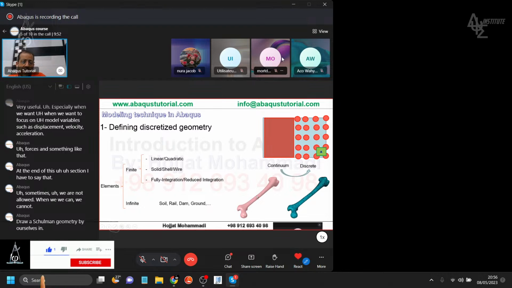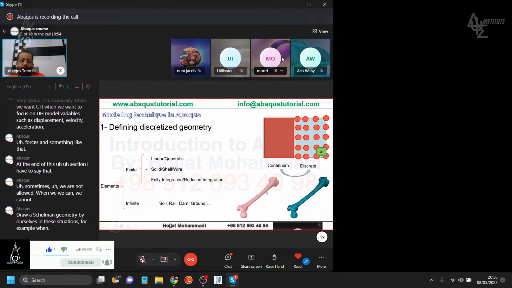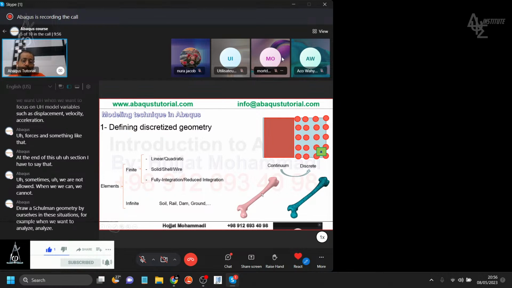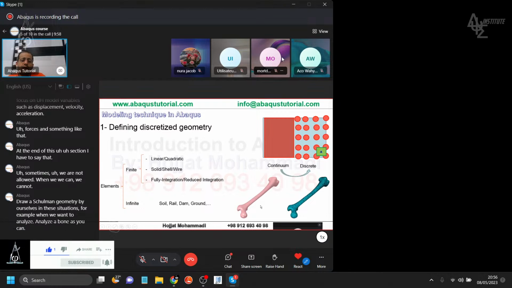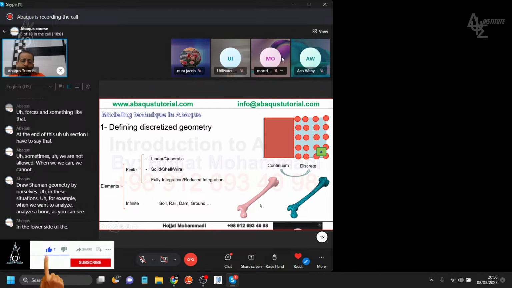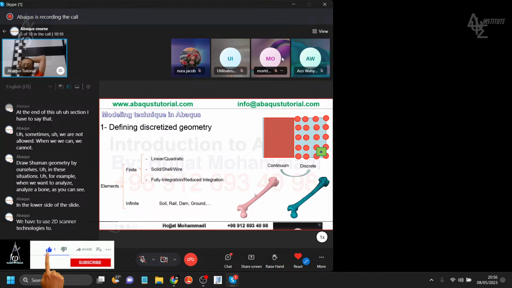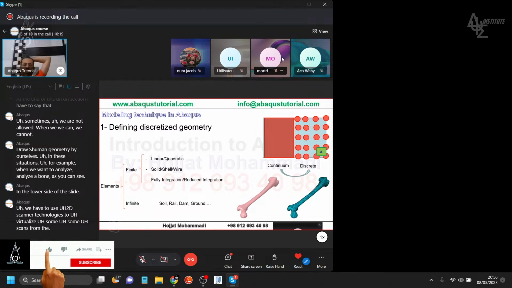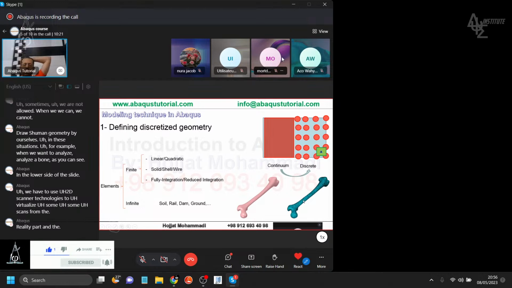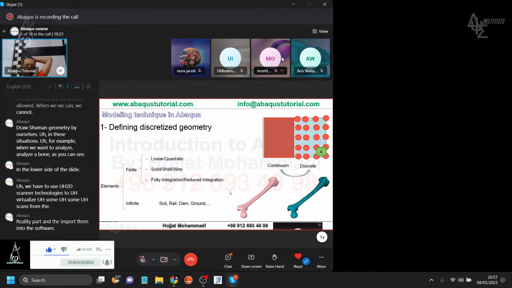In these situations, for example, when we want to analyze a bone, as you can see in the lower side of the slide, we have to use 3D scanner technologies to virtualize some scans from the real part and import them into the software.